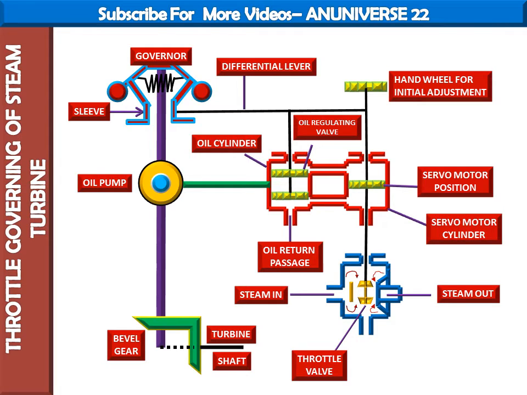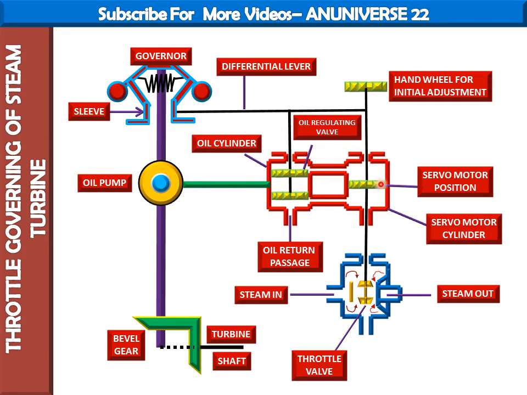As we can see in this diagram, the position of the governor, the position of the pilot piston, and the position of the relay piston is shown. This is the position of the governor, sleeve, differential lever. This is the pilot piston.